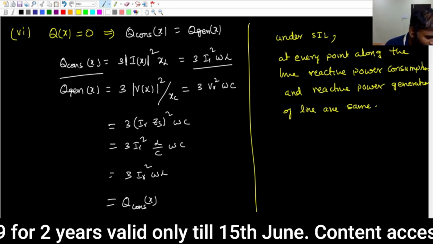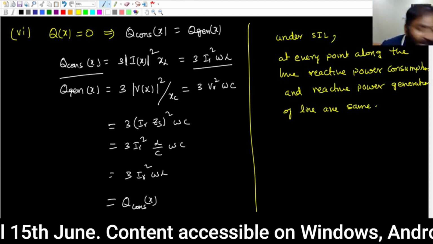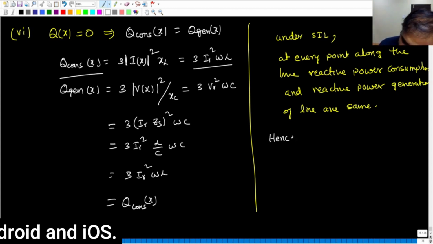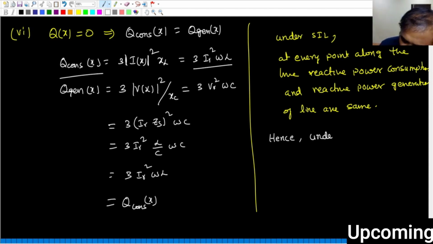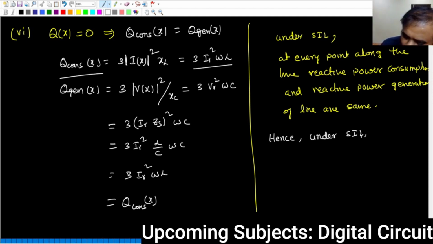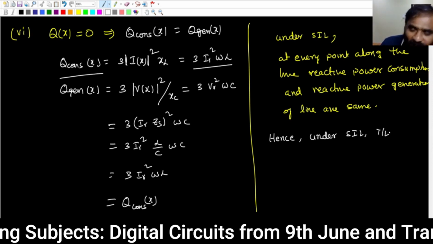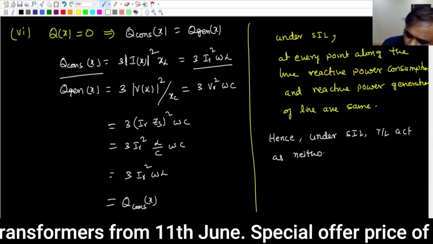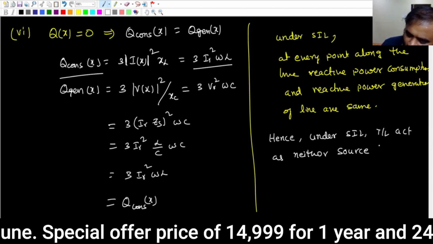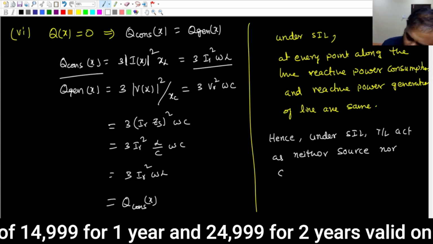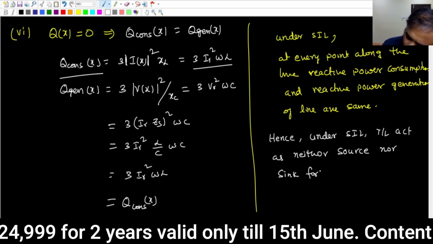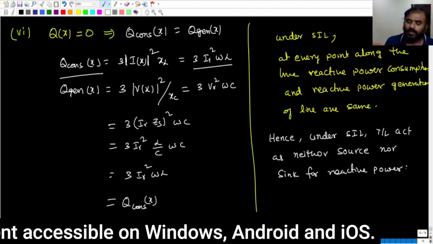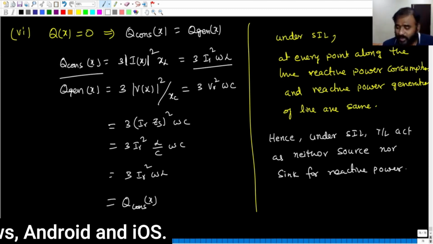So under surge impedance loading, the transmission line acts as neither source nor sink for reactive power. Clear, sir? This is a very important thing.